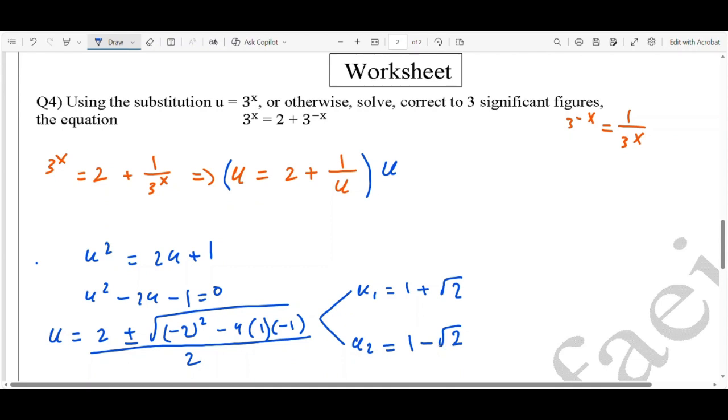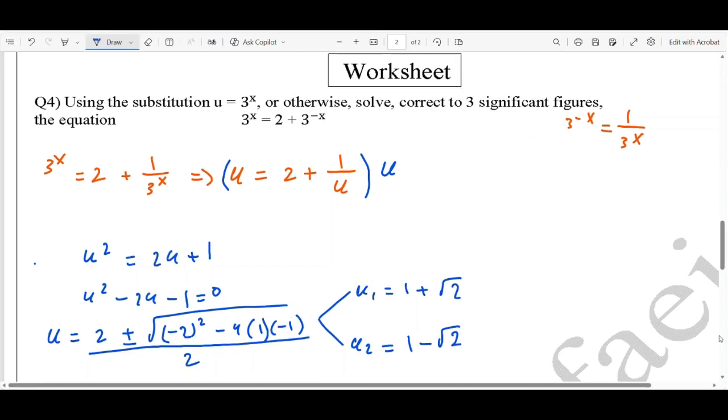Okay. U, as you know, is 3 to the power x. So 3 to the power x equals 1 plus root 2. Multiply both sides by log. Log 3 to the power x equals log 1 plus root 2. Move x to become a coefficient.